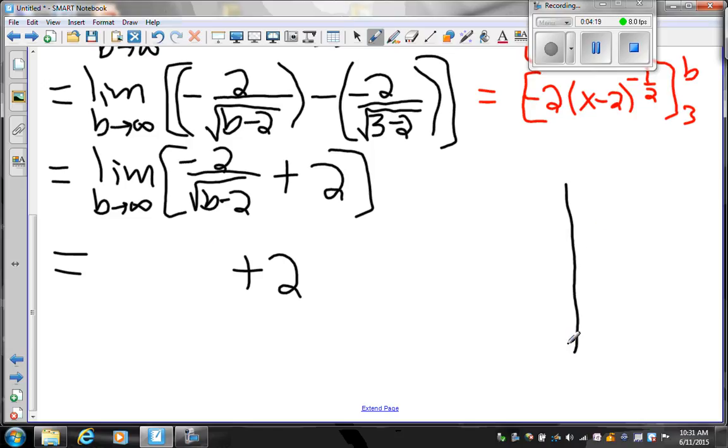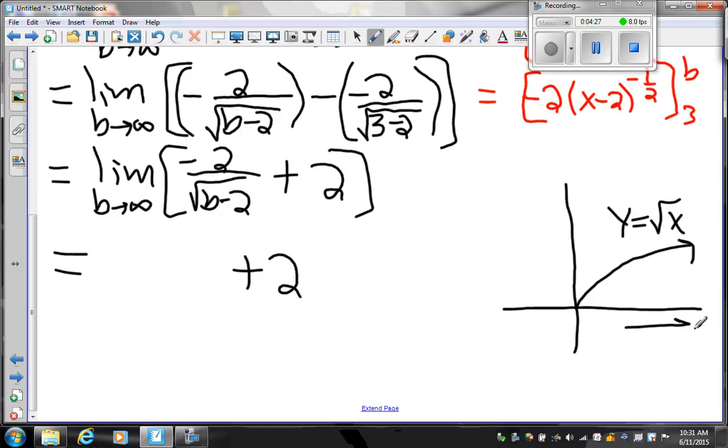Notice if you look at the graph of the square root, as x gets larger, the square root also gets larger. So you've got negative 2 divided by a very large number. That's a very small number. And as the denominator grows larger and larger, that's going to get closer to 0. So in the end, our limit ends up being 2.